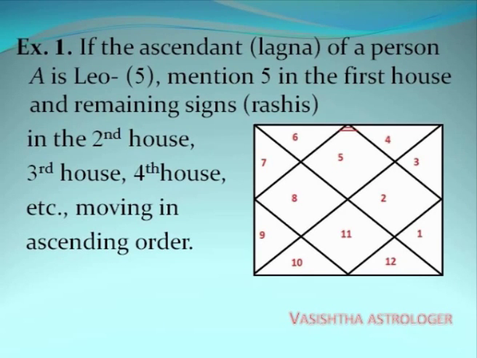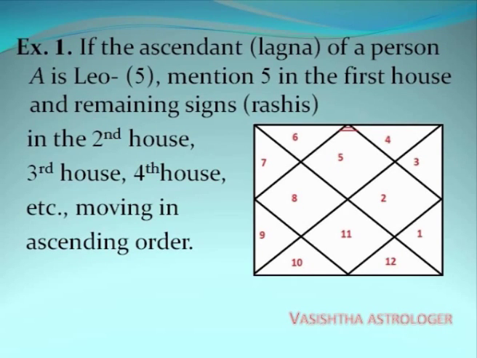That is, sign number 6 in second house, sign number 7 in third house, sign number 8, that is Scorpio, in fourth house, sign number 9 in fifth house, and proceeding in this way, sign number 4, that is Cancer, in 12th house.